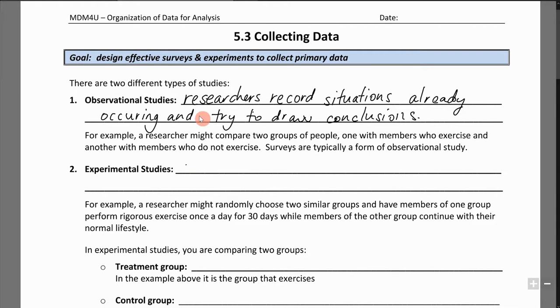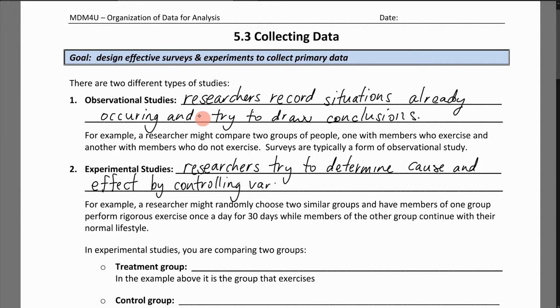So this is where we have researchers, and researchers could be even students, try to determine cause and effect by controlling variables to see the effects on others.